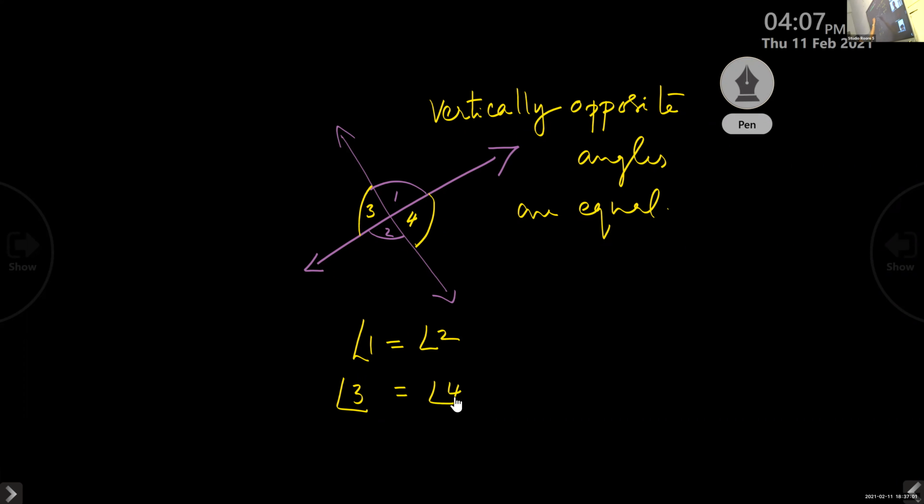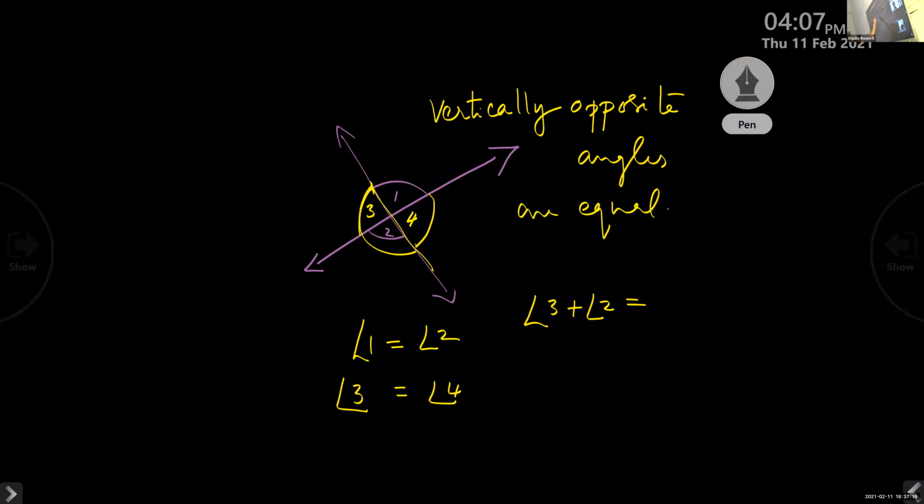Now you see, what about this angle, children? Angle 3 plus angle 2 is equal to how much? 180 degrees, because this forms a straight line, isn't it? It forms a linear pair here.